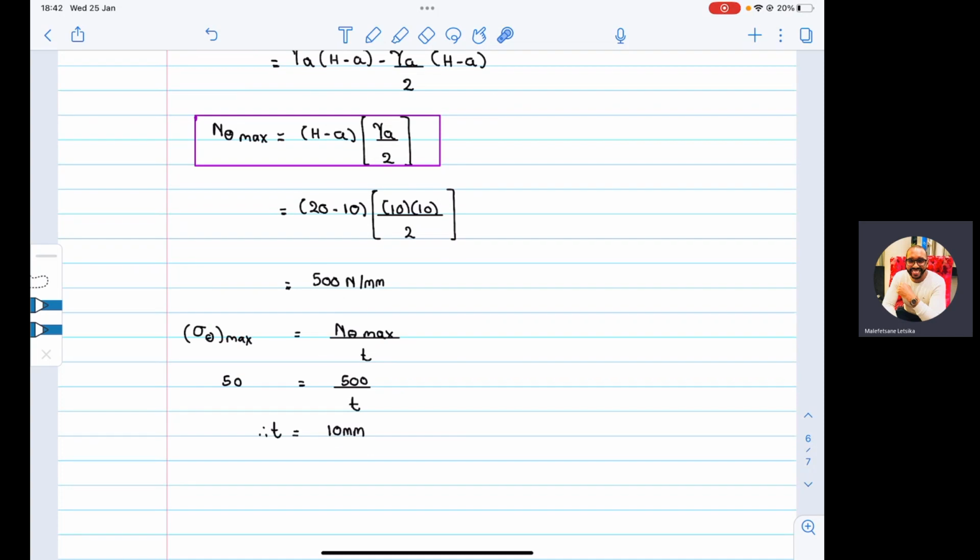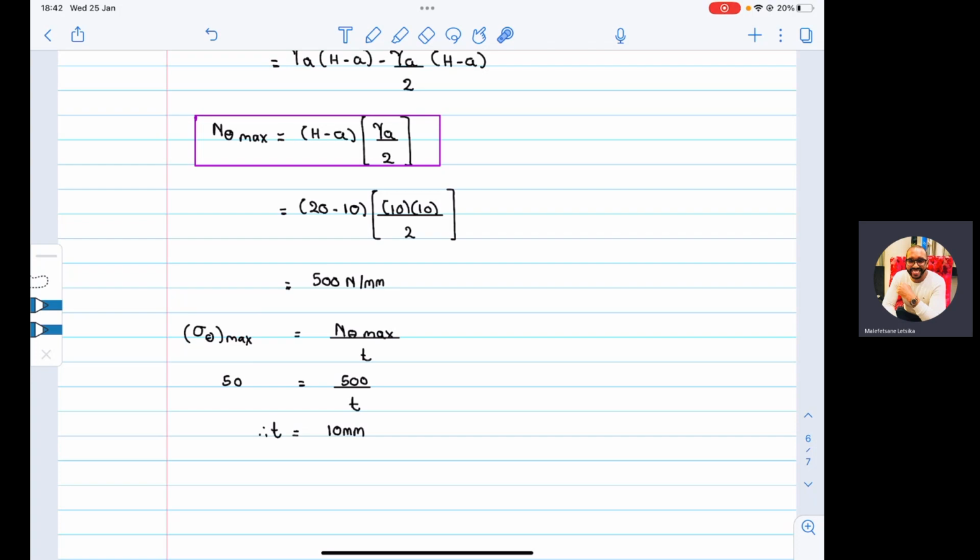If you divide it further by T to get stress, remember the maximum stress we are allowed is 50 megapascals. Solving for T, you should get T as 10 millimeters. Therefore, your shell needs to be 10 millimeters thick in order to resist that hydrostatic pressure subject to 50 megapascals.